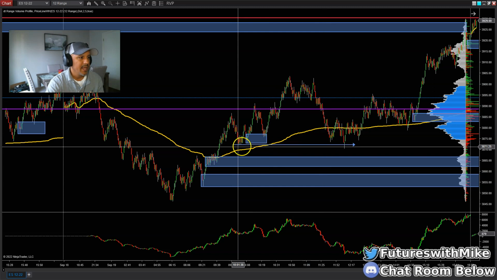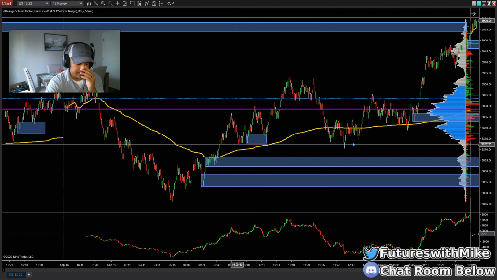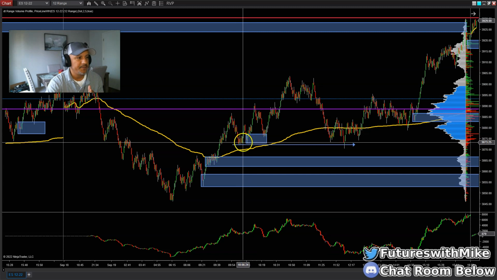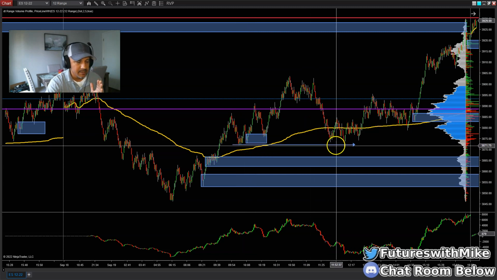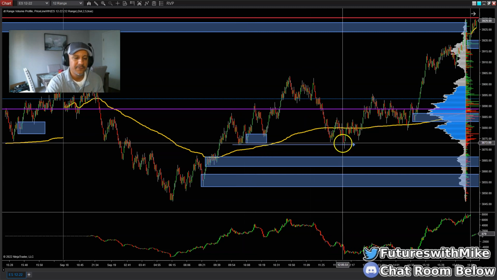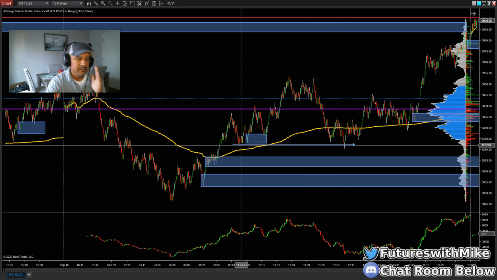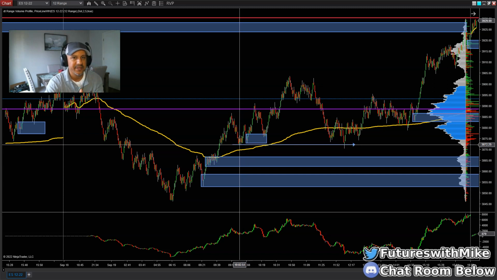Price pulls back. As long as it doesn't take out the original low where the buildup of the equal highs and equal lows started, then I'm good. Okay. Now it does come down and wick out below it, but that's what we're looking for. We're looking for a wick of the candle below the first swing low that started everything in this setup.